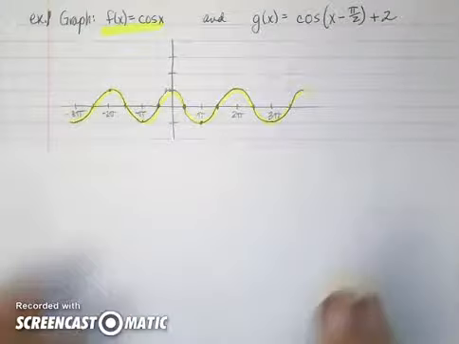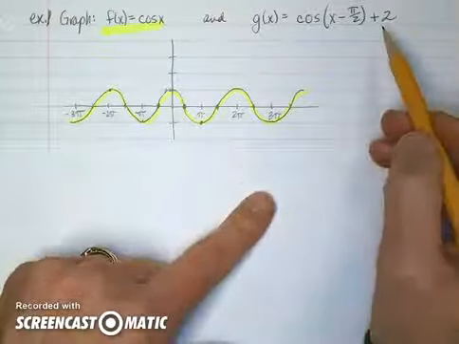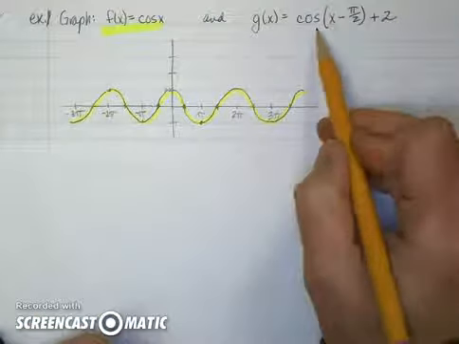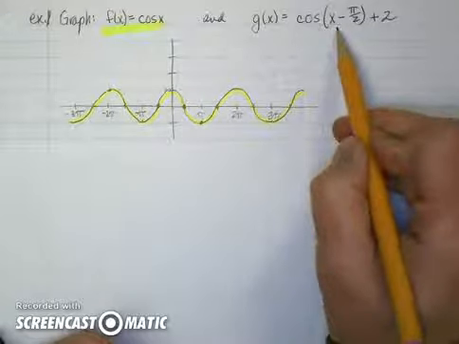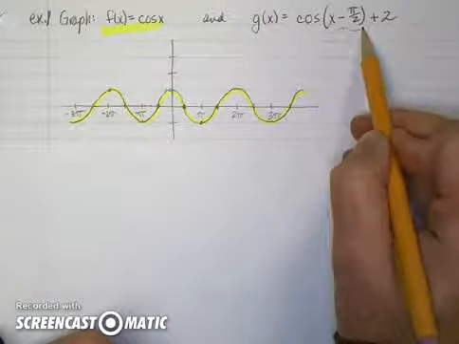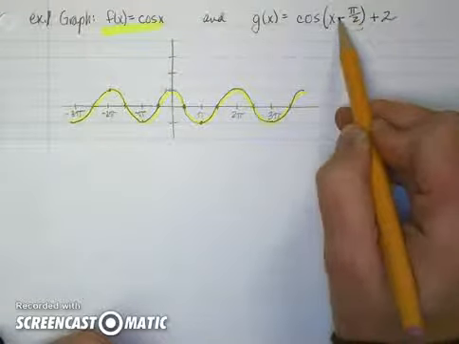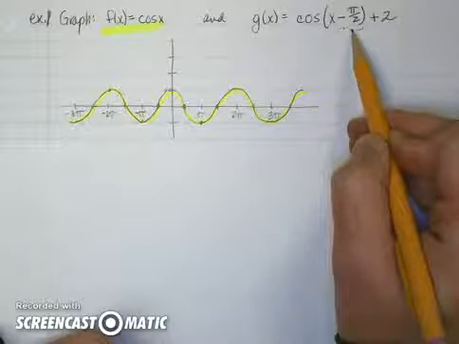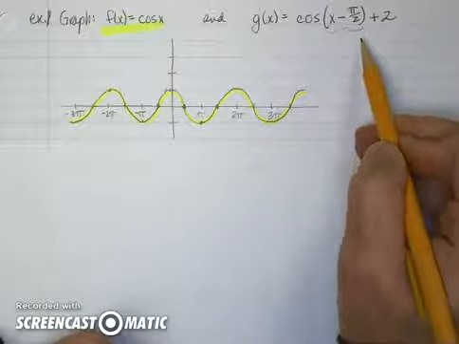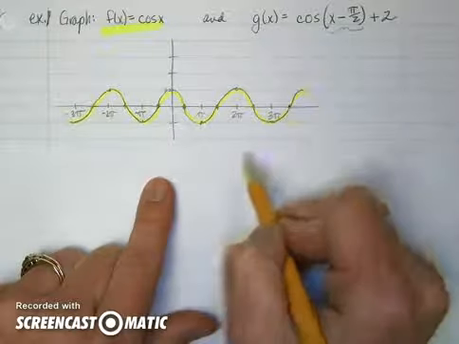Now, we're going to take that function, and we're going to go through these things without putting it in the calculator. Now, the first thing I notice is that right here, I'm going to shift it by pi over 2, and it's negative, so I'm going pi over 2 to the right. I have a phase shift. So all of these critical points, I'm going to shift by pi over 2.